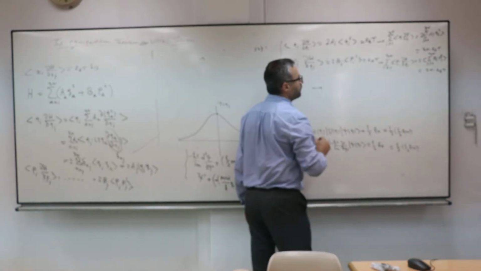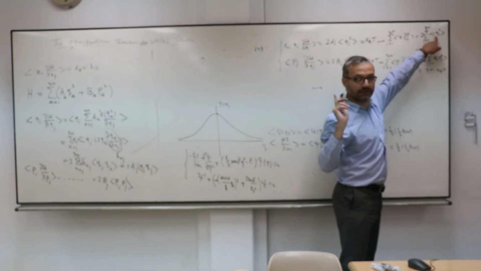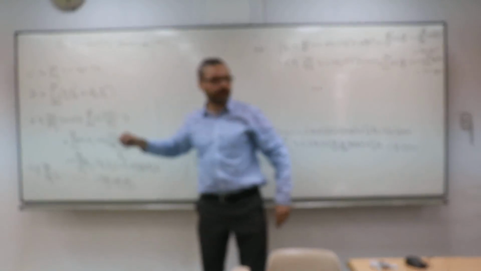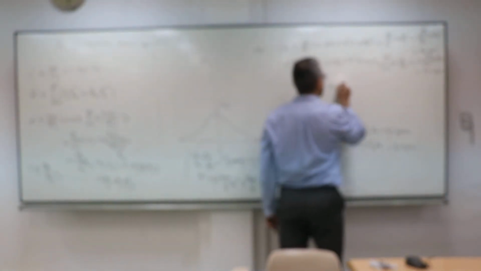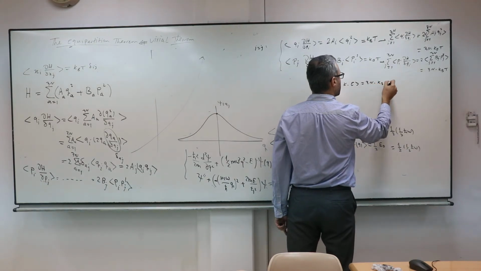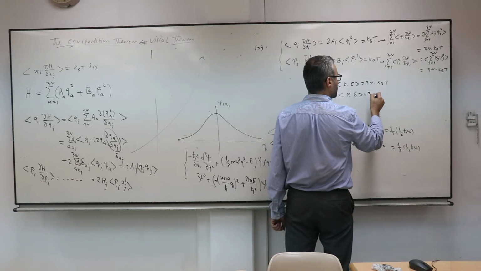So, you know what that is? The p_j squared term is the kinetic energy in this Hamiltonian. So 2 times the average kinetic energy will be 3n kBT, and 2 times the potential energy will be 3n kBT.